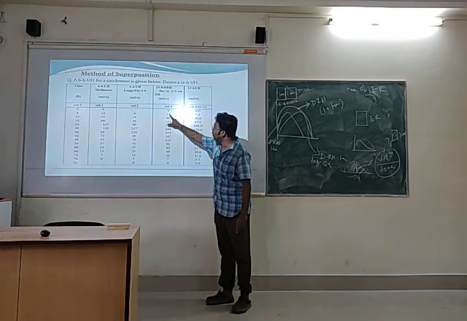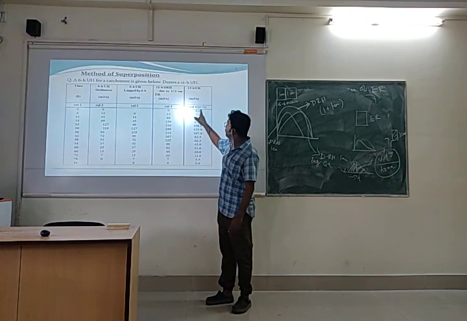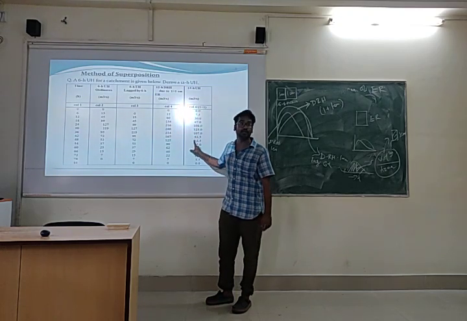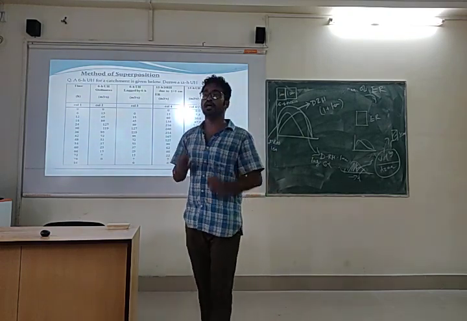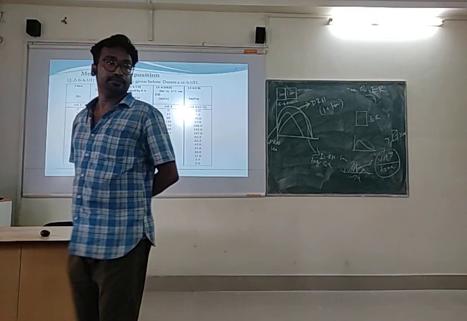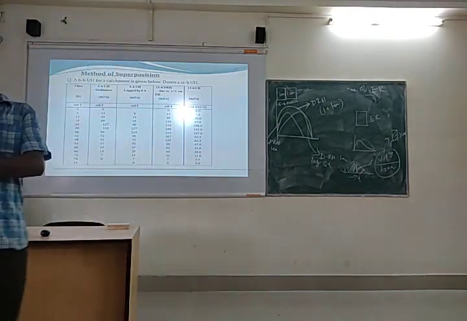So we have to divide all the ordinate values by 2 and we will get all the ordinates for the 12 hour unit hydrograph. Is it clear?